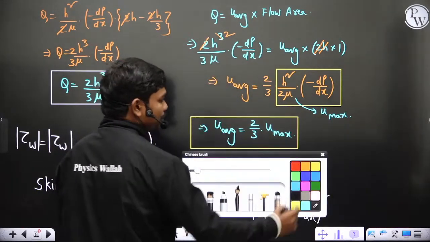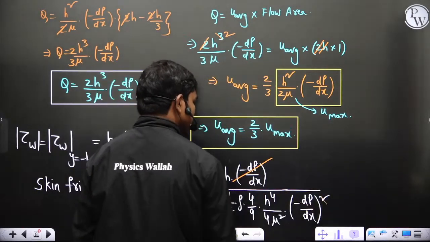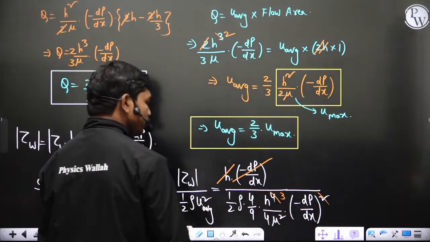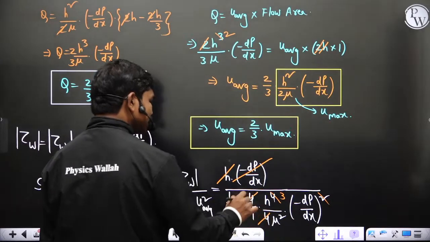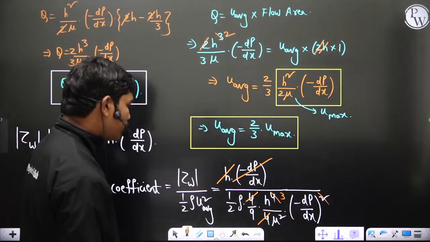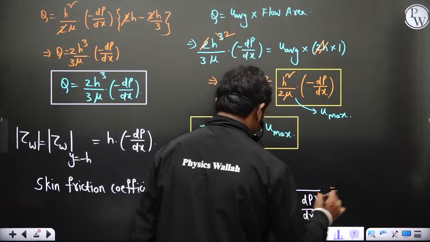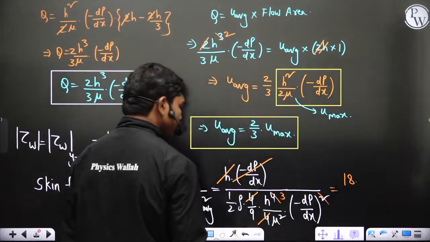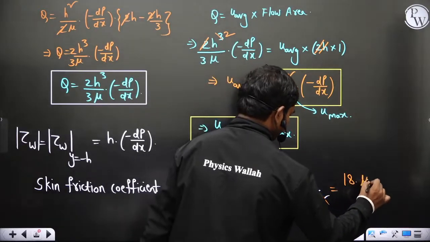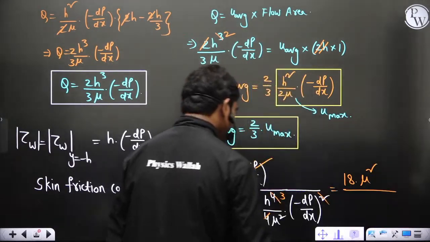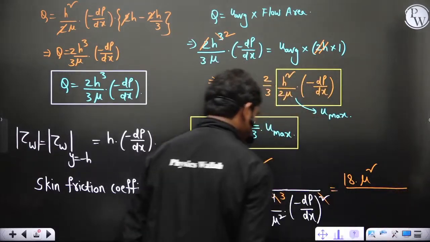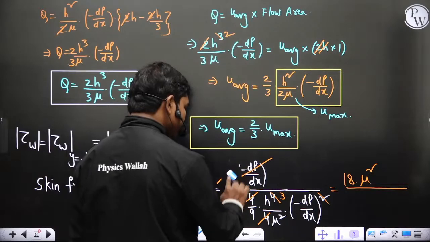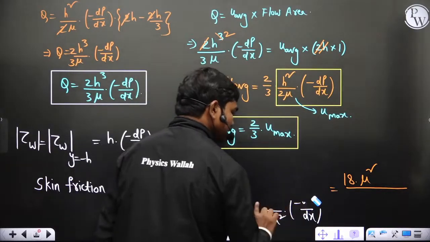So one term gets cancelled, h will also cancel, one cube here, and the 4 and 4 get cancelled. So you will end up with something like this: the 18 is in the denominator of the denominator, so you can send it to the top, 18 mu square by... Instead of converting both, we'll take only one and keep it as U average itself, okay?